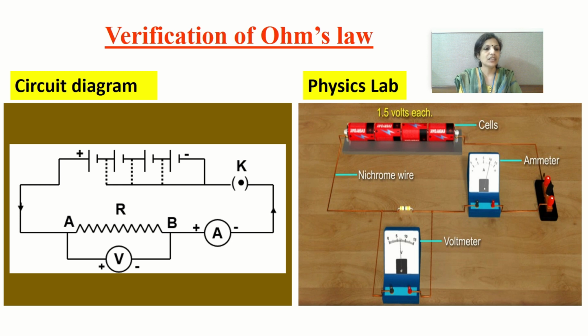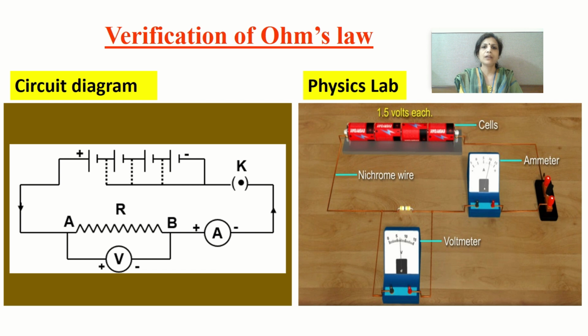Check the connections there. We have used batteries, a key, an ammeter to measure current in the circuit, and a voltmeter to measure potential difference in the circuit. The other diagram shows the components we will be using in our physics lab, and the left side is the circuit diagram for our understanding.